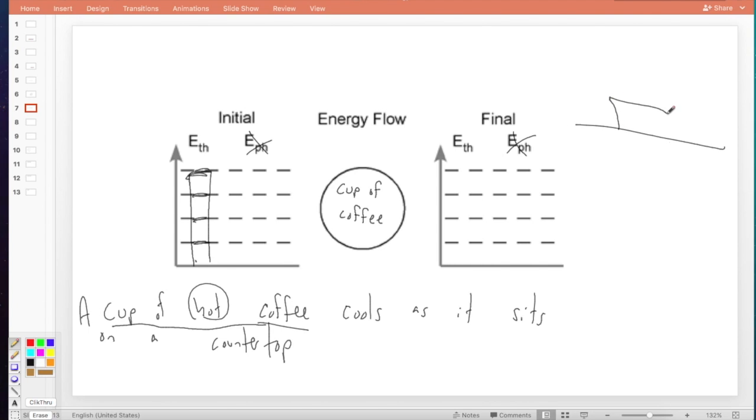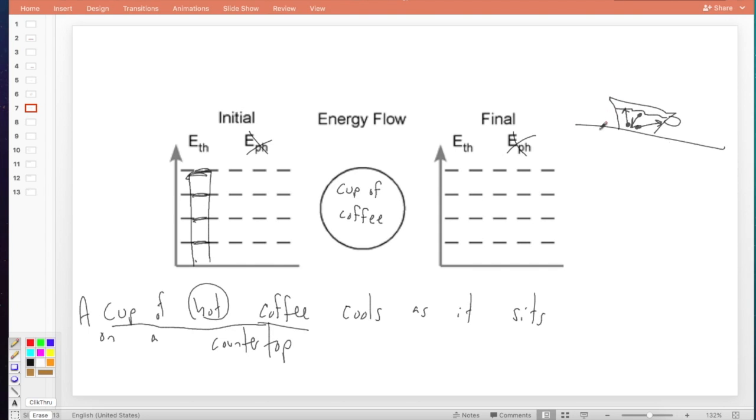So here's the cup of coffee sitting on the countertop, and it's pretty hot. So the particles in the coffee are moving quite rapidly. So I need to draw some large arrows here, random motion. It's hard to draw this, but we could draw out the particles of the cup, the particles of the counter, the particles of the air.